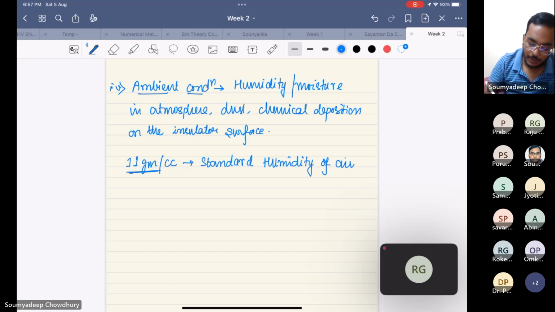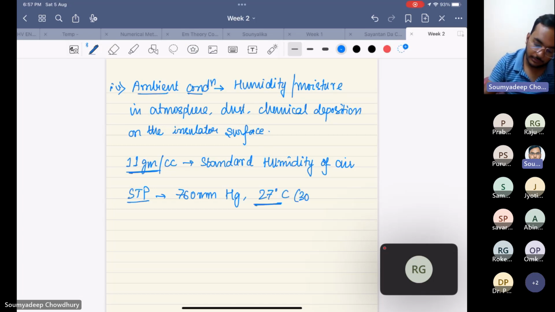So STP conditions will be 760 millimeter of Hg and 27 degrees centigrade or 300 Kelvin. Anything above or below this temperature, pressure and humidity will cause a difference in the breakdown strength of the insulating surface of the insulator. Correct. So these are about the different stresses.